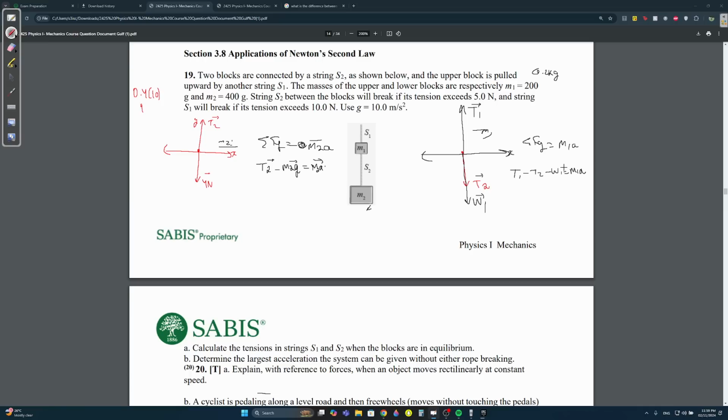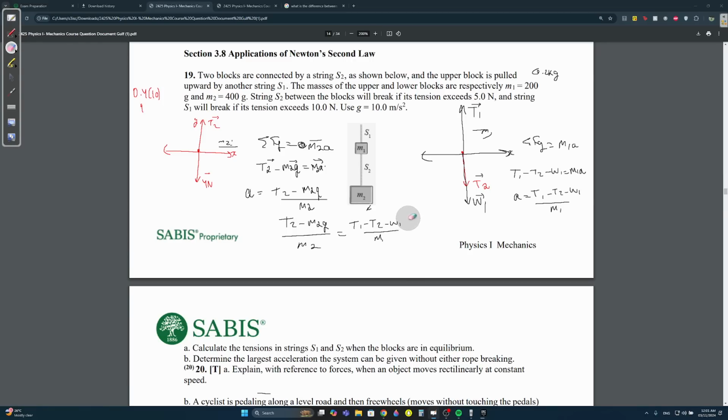Again, now we need to find acceleration, so we're going to do what I was doing in the last question. You have to take M2 to the other side. So T2 minus M2G over M2, and T1 minus T2 minus W1 over M1. This is equal to this. So T2 minus M2G over M2 is equal to T1 minus T2 minus M1G over M1.